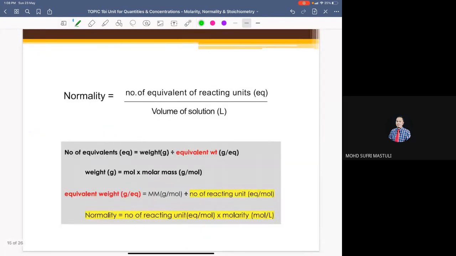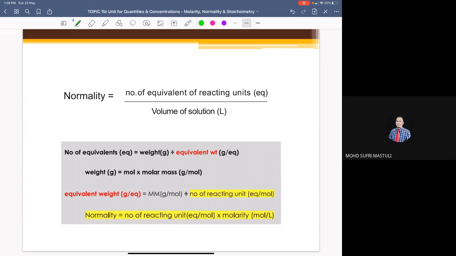But if you don't have molarity information in the equation, and you are asked to find the normality, this is the formula that you will use. From the definition, we said normality is the number of equivalent of reacting unit over the volume of solution.